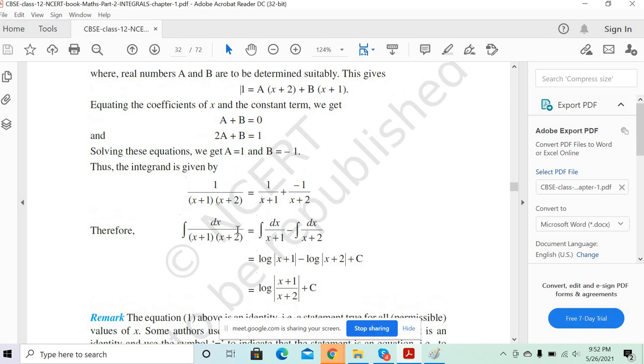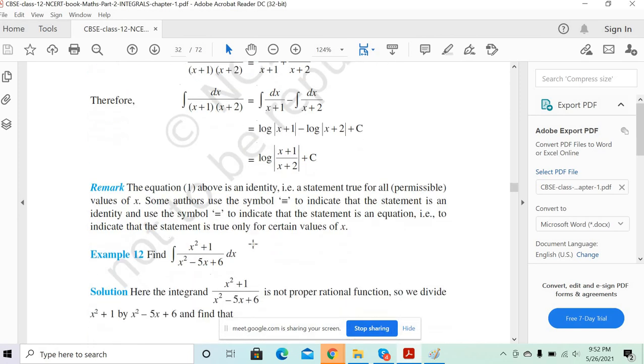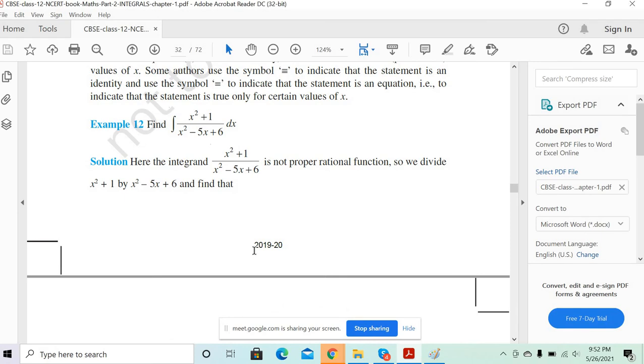Yes, sir. Clear. Superb. Let me know if you are done with this part, then we'll go to example 12 now.